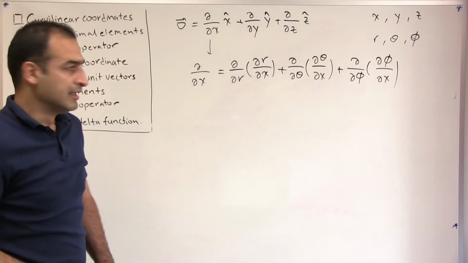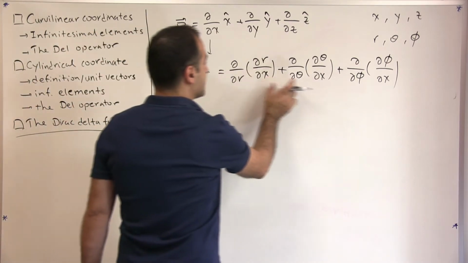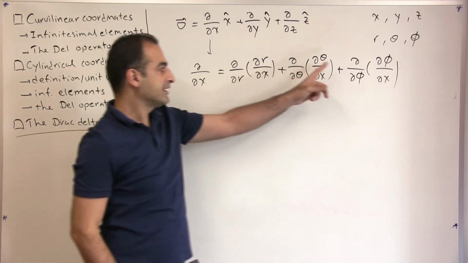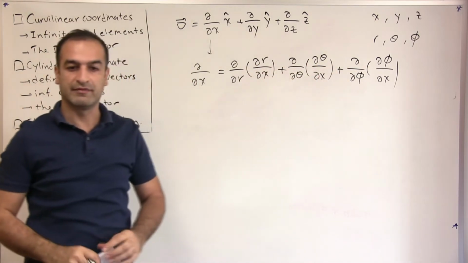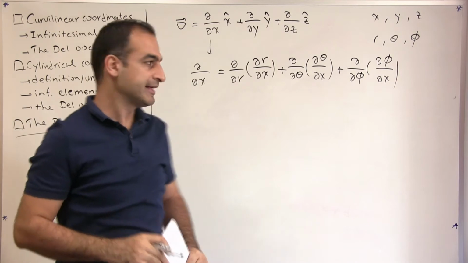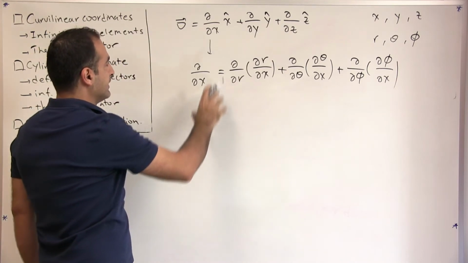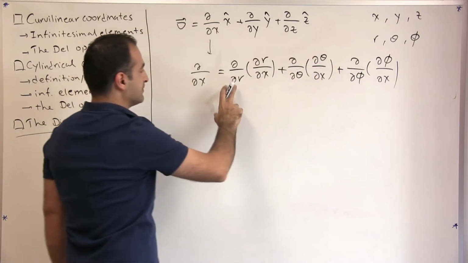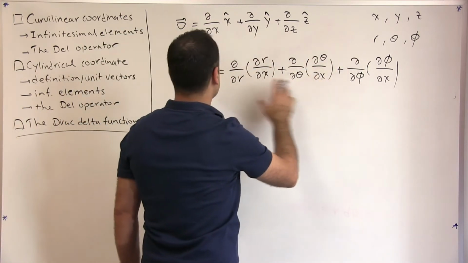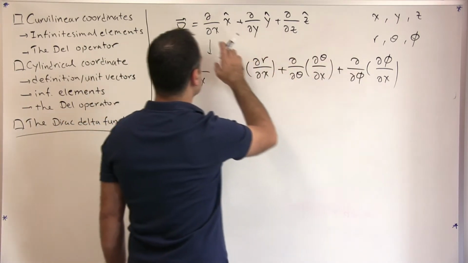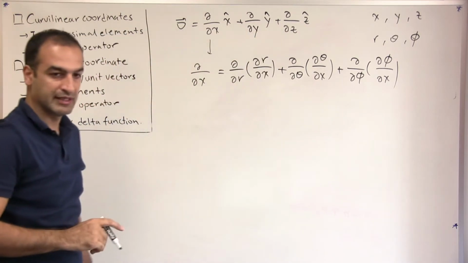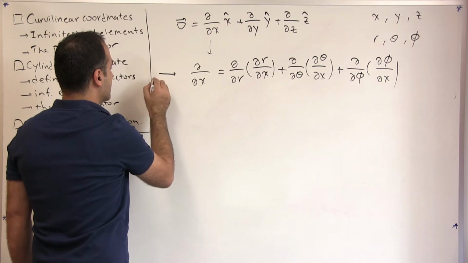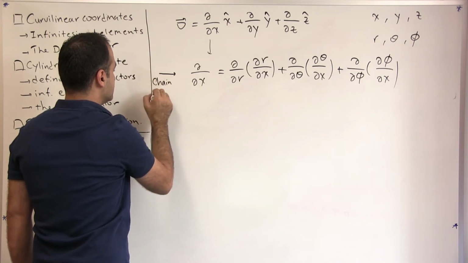These terms can be calculated because r, theta, and phi can be written in terms of x, y, z. For any function written in terms of r, theta, phi, we can use this chain rule to expand each of these derivatives. So here what we are doing is expanding the derivative using the chain rule.